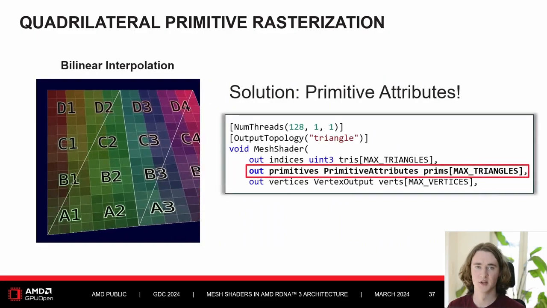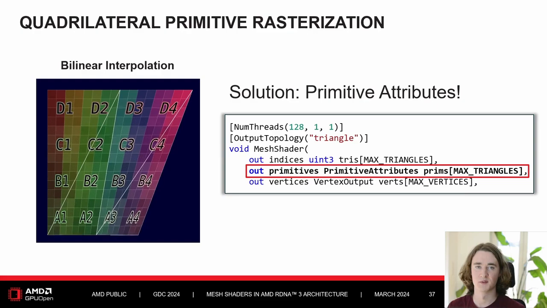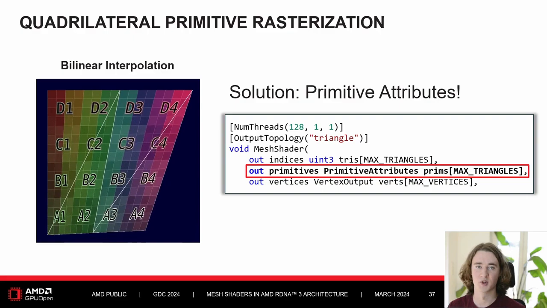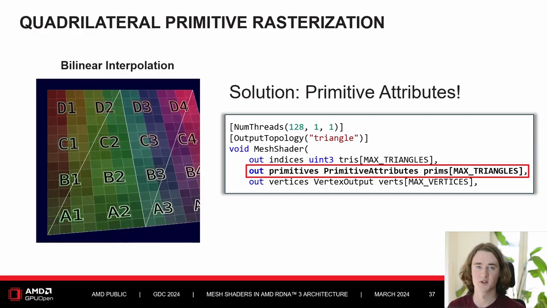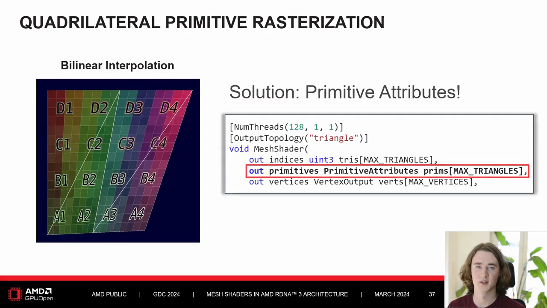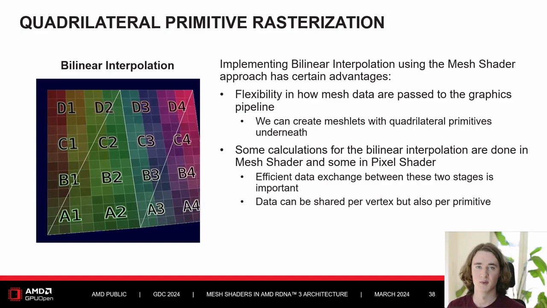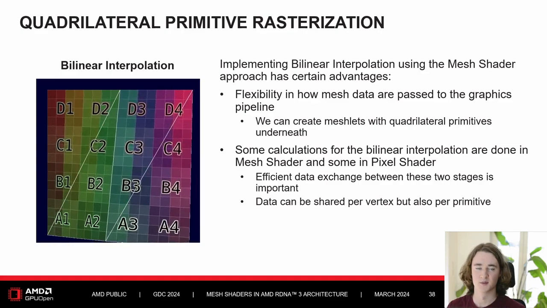In addition to the output array of vertices which define attributes for each vertex, mesh shaders also allow us to define per primitive attributes with an additional output array. We can then use these per primitive attributes to implement bilinear interpolation.